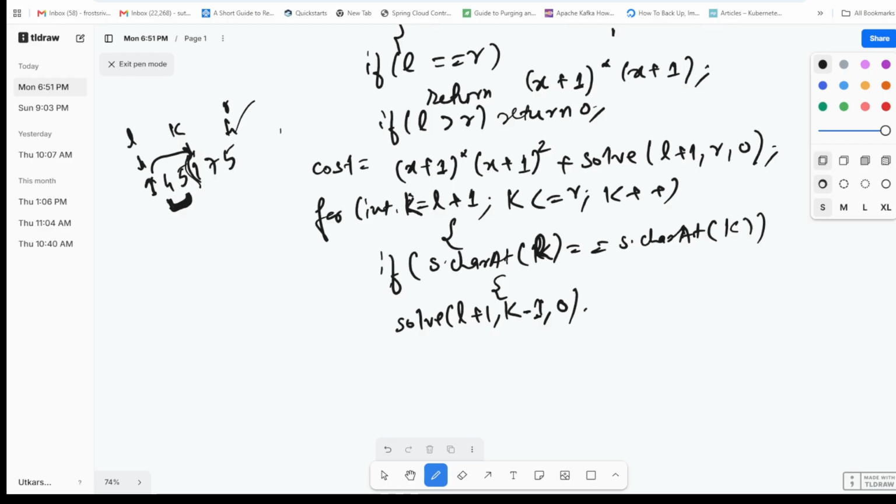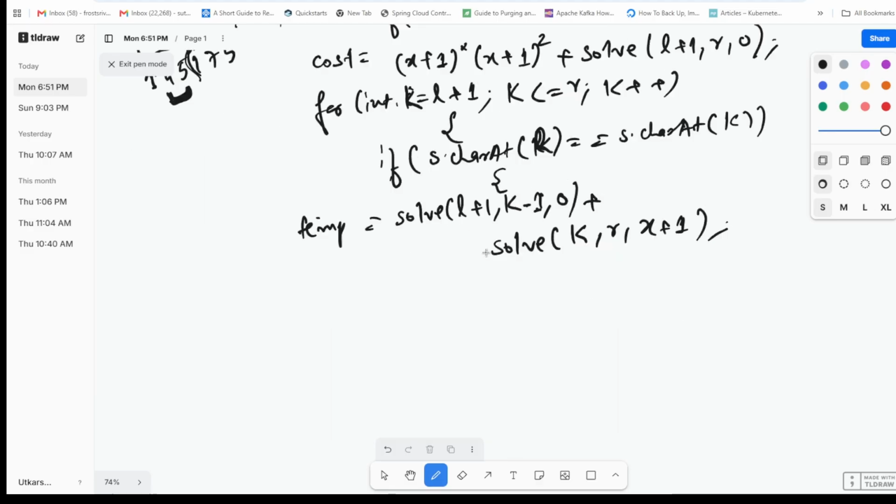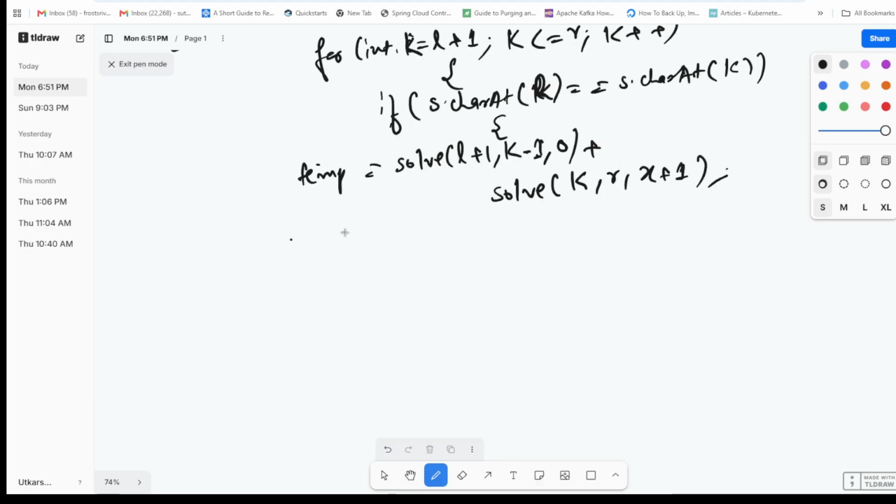So 0 plus solve k to R, and since this one is getting carried, we will add x plus 1 carry, and this will give us one cost. Suppose this is temp. Now since there can be multiple cases, we need to find the max.